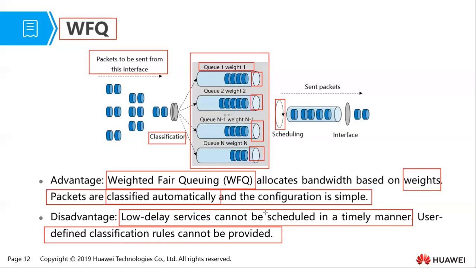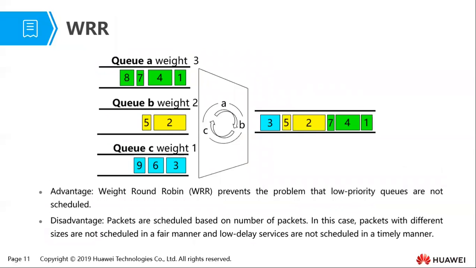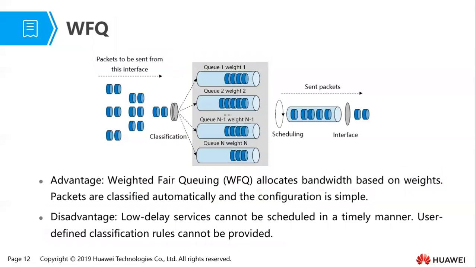So we cannot manually specify the classification rules. So please remember, the main difference between weighted round robin and weighted fair queue is that weighted fair queue reserves bandwidth for each of the queues. So everyone has some reserved bandwidth.